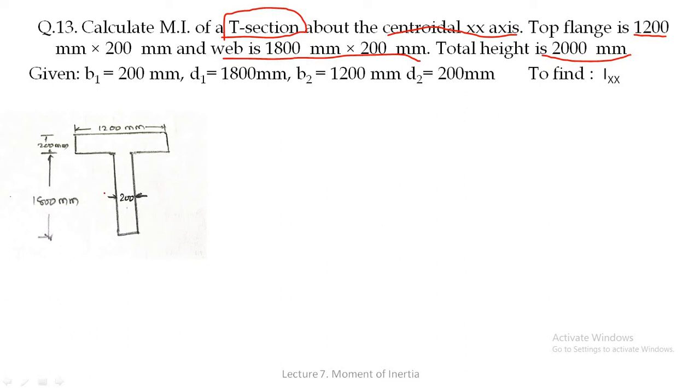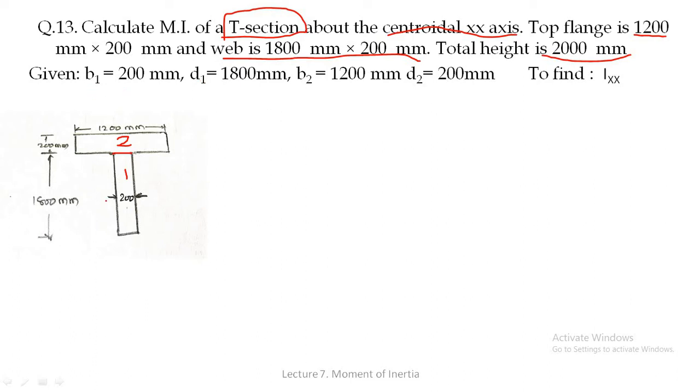Now remember, when a T section is given, if I draw a line over here, then you can see 2 rectangles. One rectangle is a vertical rectangle and another is a horizontal rectangle. Suppose the bottom rectangle I denote by 1 and the uppermost rectangle by 2. Then the dimensions of the web rectangle, the first rectangle, will be denoted by B1 and D1.